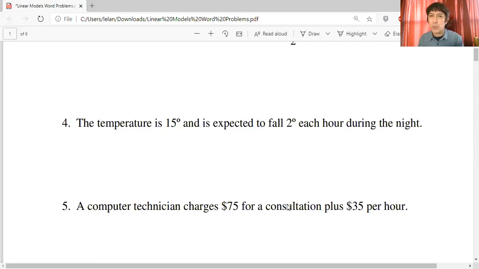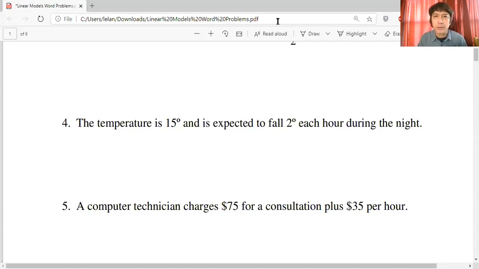And then our slope, what is our slope? Is it positive or negative? Okay, it's getting colder. So the number is going down. So this 2 degrees will be used as negative. Okay, so this is our m. It's negative 2 degrees for every hour there. So that's it for the given in number 4, and we shall continue with the working equation.